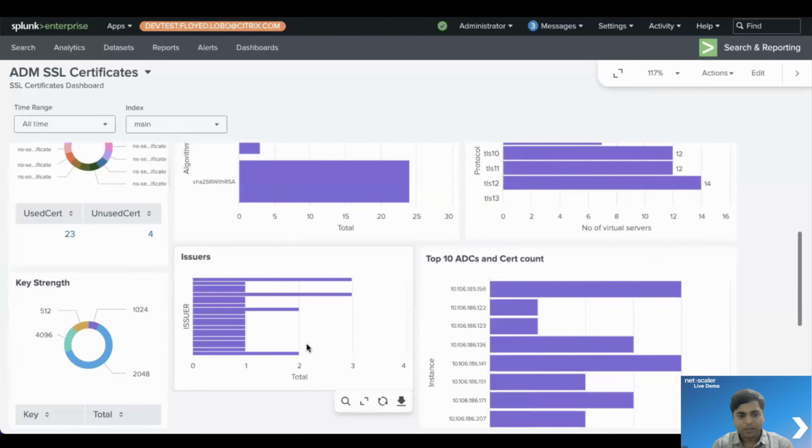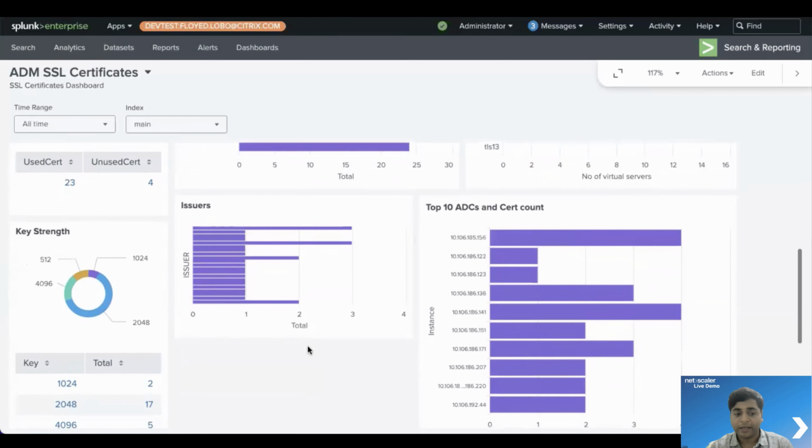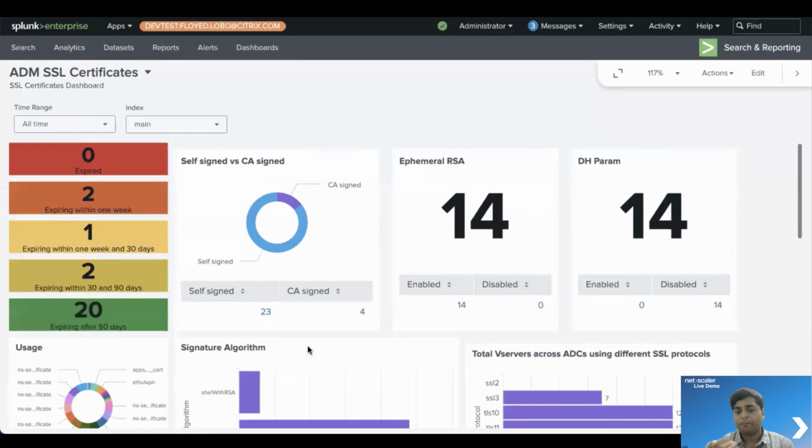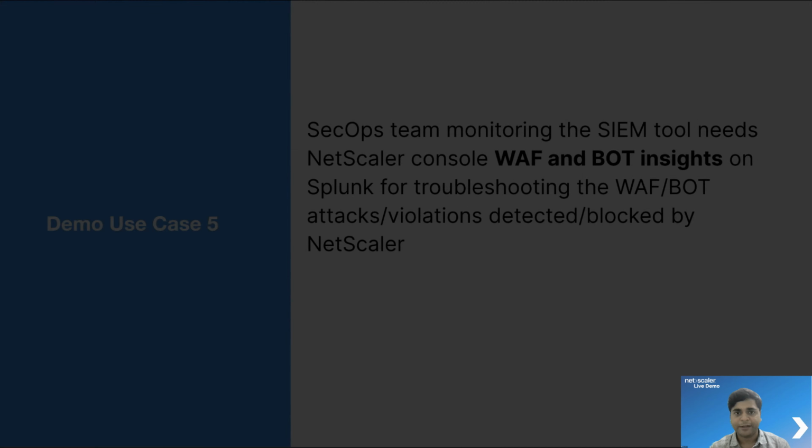This is one of the really good insights our ADM console customers are using, and based on their requirement, we have seen that they also need it on Splunk because there is a central team of Splunk who needs this data on their dashboard. So we are exporting that.